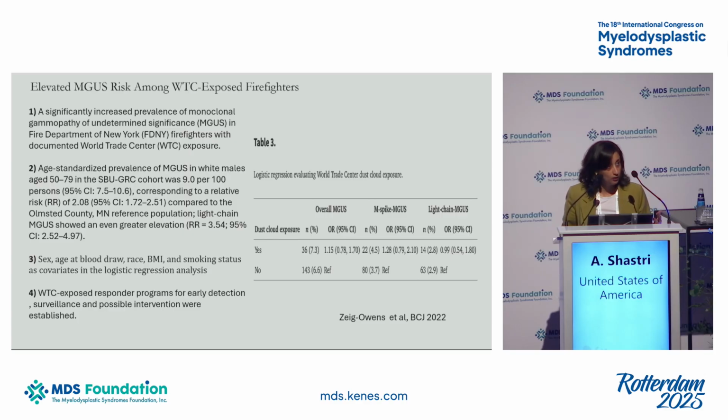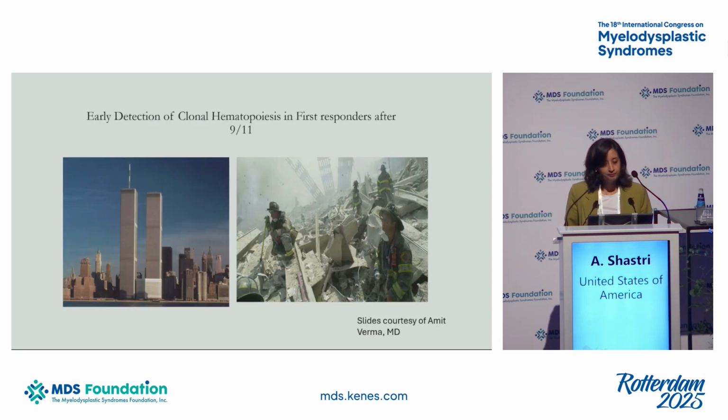And a larger cohort of the FDNY that was also exposed, compared to a control population, actually had a higher elevation in MGUS, which you can see here in the graph, overall MGUS, the M spike, as well as the light chain, even after controlling for various covariates such as sex, age, BMI, smoking status, etc. And I think some of this data, along with other data, put in place programs for early detection and surveillance for people that were exposed to the World Trade Center dust.